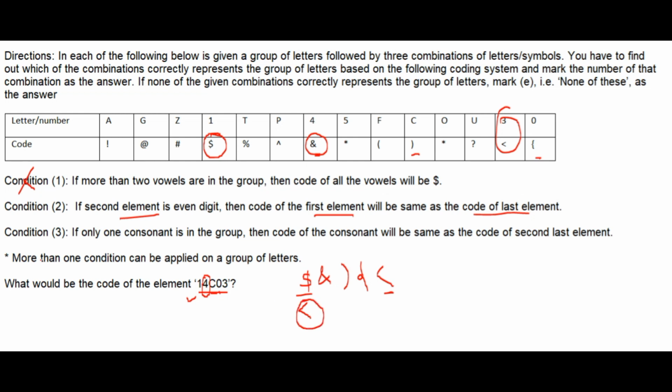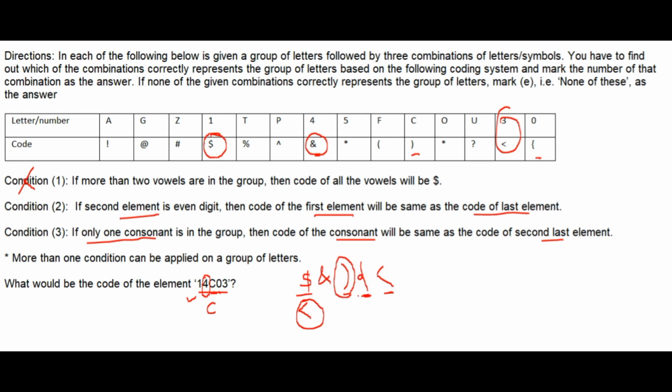Now again come to condition 3. If only one consonant is in the group, yes, only one consonant is in the group, that is C. Then the code of the consonant will be the same as the code of the second last element. So this code will be replaced by the code of the second last element.